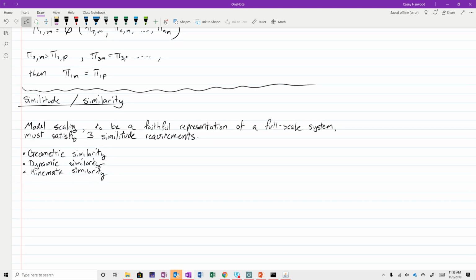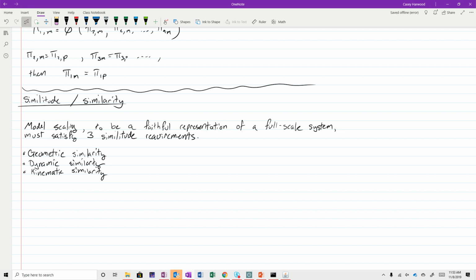So taking a look at just the names of these, there's something to be gleaned from the name. The geometric, obviously, is the shape of things. Okay? Dynamics, we've discussed this distinction between dynamics and kinematics before, but dynamics has to do with the forces that are acting on something. And kinematics has to do with the way that things move.